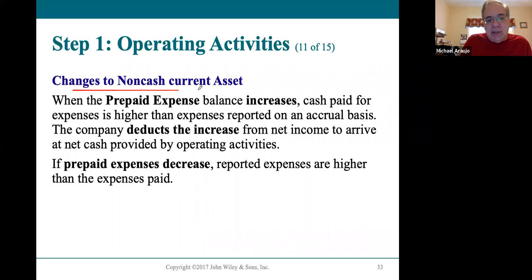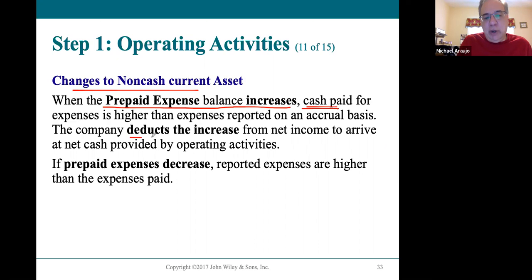More changes to current assets. So we look at our prepaid expense balances. So this is prepaid insurance, prepaid advertising, prepaid rent, supplies even. If the prepaid expense balance increases, if we have more prepaid insurance, it probably costs us some cash.